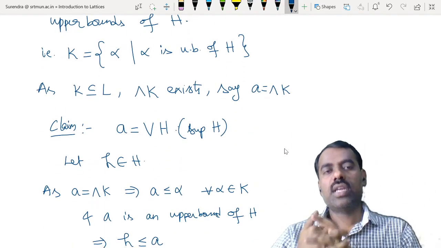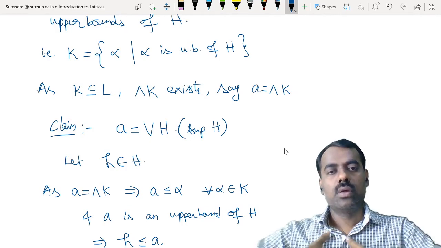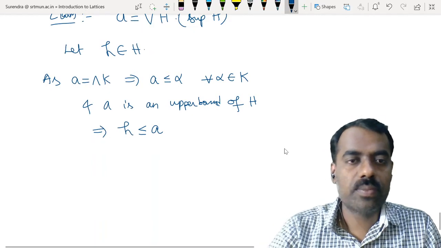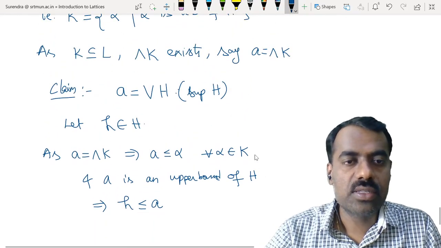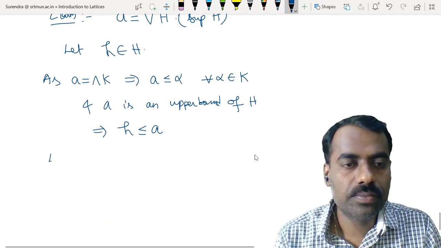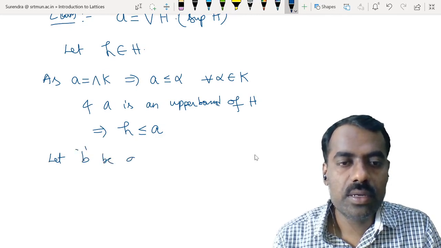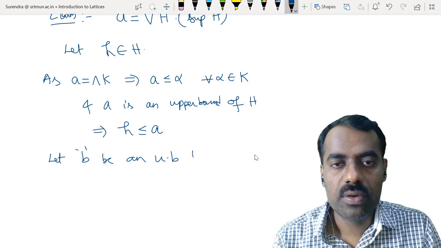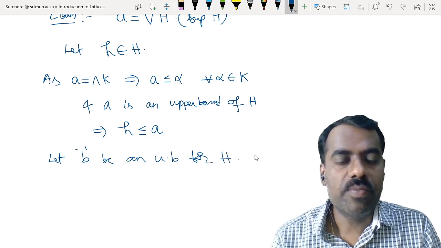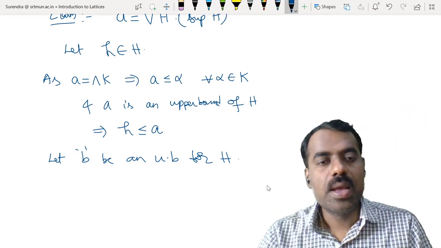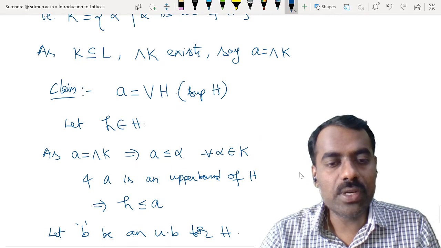If we start with any upper bound, because if we want to show that it is least, suppose B is an upper bound for this set H, right? If B is an upper bound for H, we want to show that A is less than or equal to B, right? But B being an upper bound for H means what?